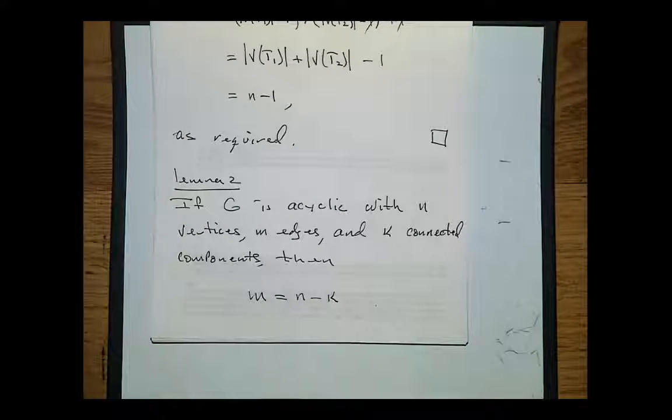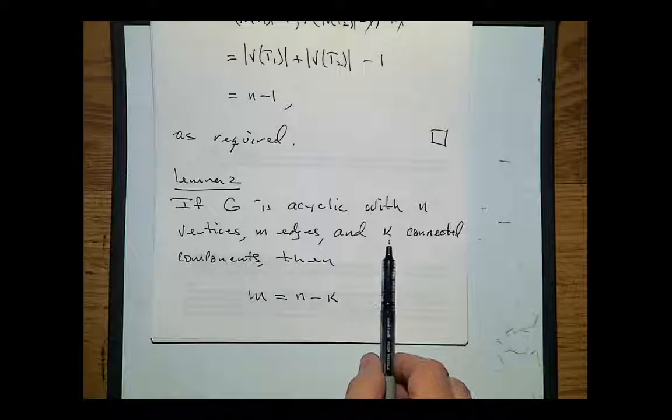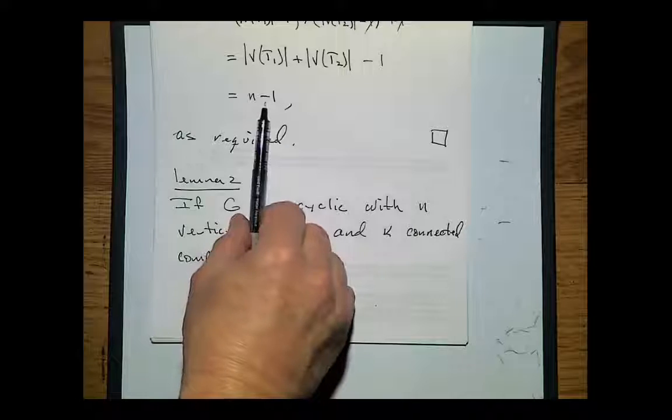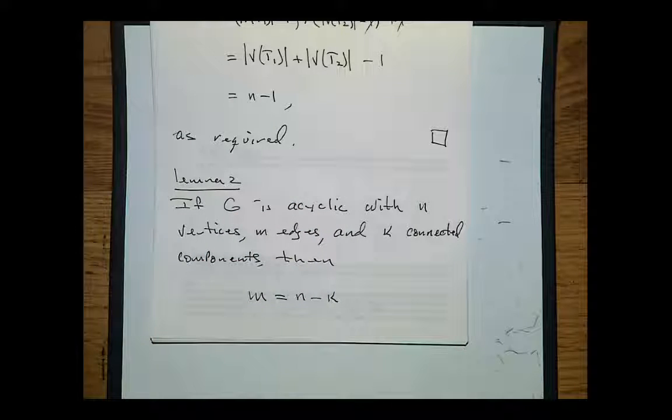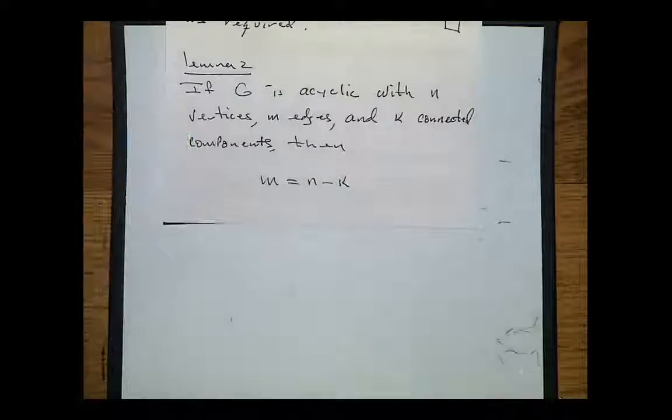Notice that this is a true generalization, because if G were a tree, then it would be acyclic and connected, which means it would have exactly one connected component. K would equal 1, which means this would say m equals n minus 1, which I just proved. So we proved a special case of this already, and so this is a generalization to possibly disconnected but still acyclic graphs. How do we prove this?